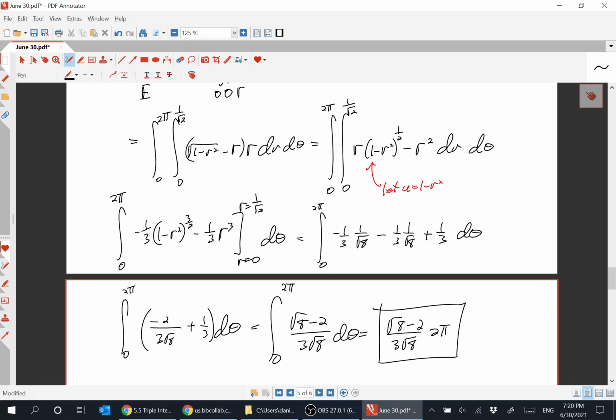That solid can also be described in terms of spherical coordinates. And I have root 2 minus 1 over root 2. I have a different answer for that. It should be the same answer, of course.